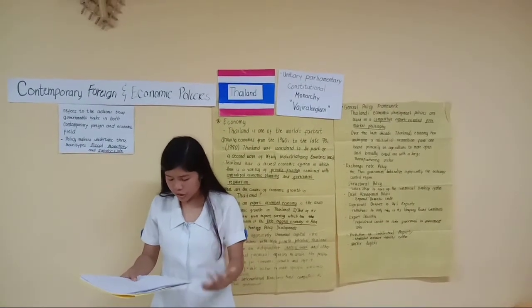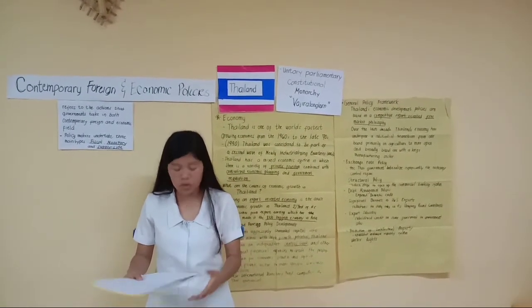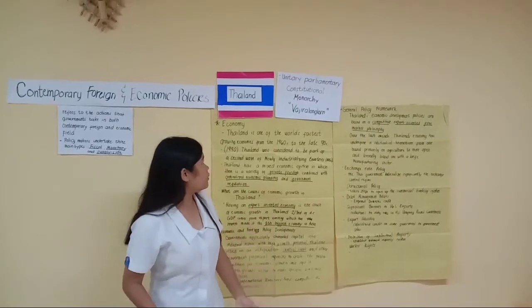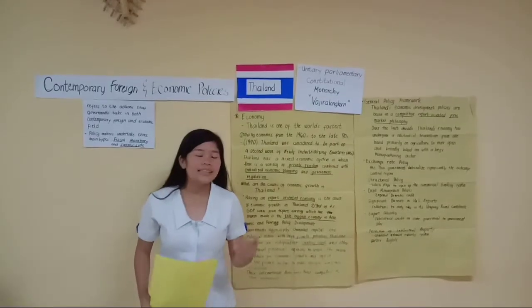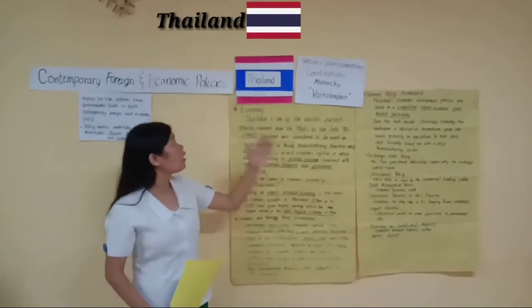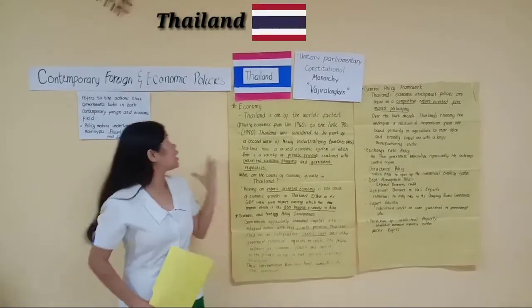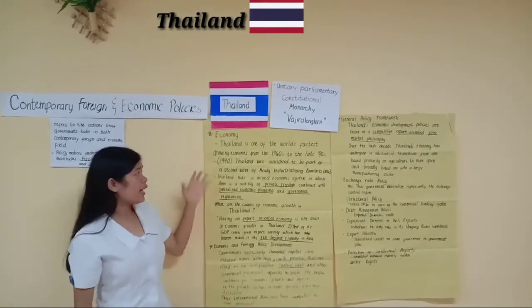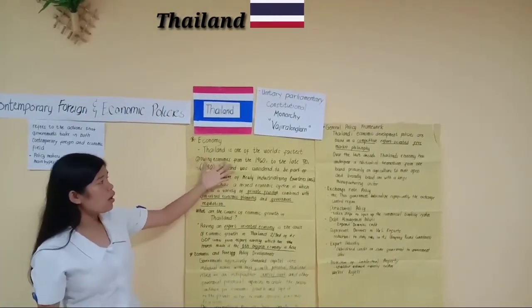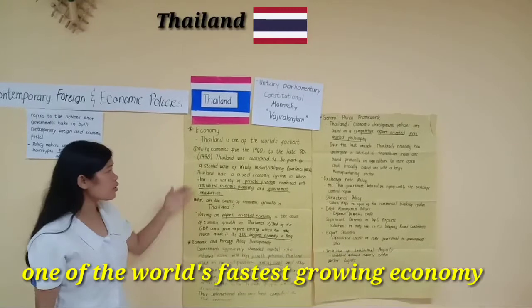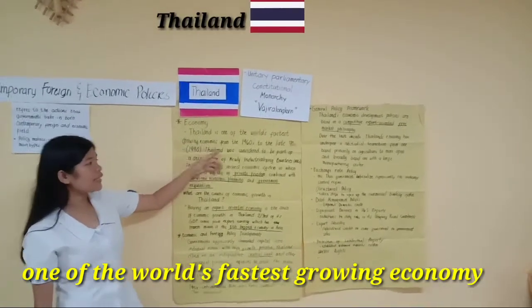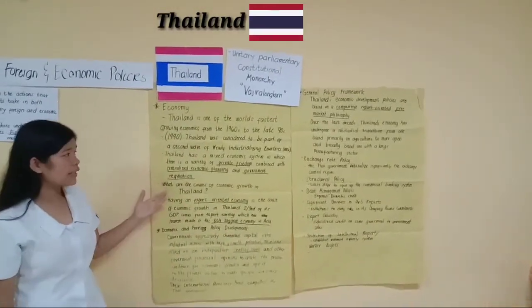Thailand is the only nation of Southeast Asia never to be formally colonized, and Thailand has not shared the xenophobic tradition of its neighbors. So let's have some background check of the economy of Thailand, since our topic is contemporary foreign and economic policy. Thailand was one of the world's fastest growing economies from the 1960s to the late 90s.